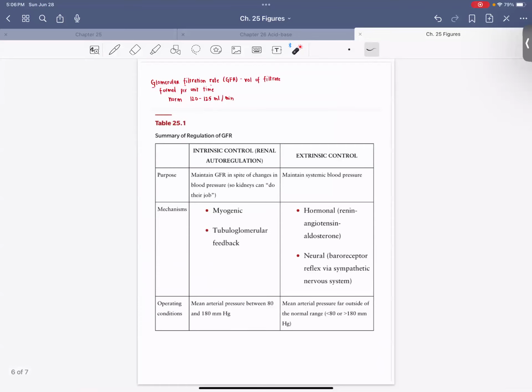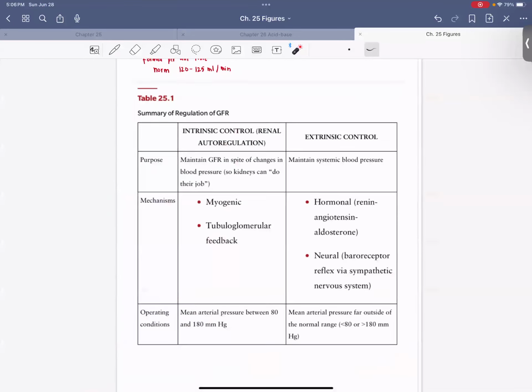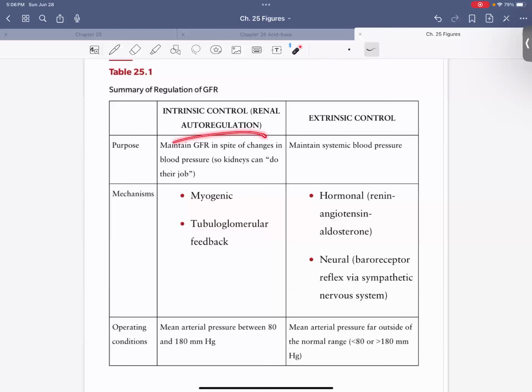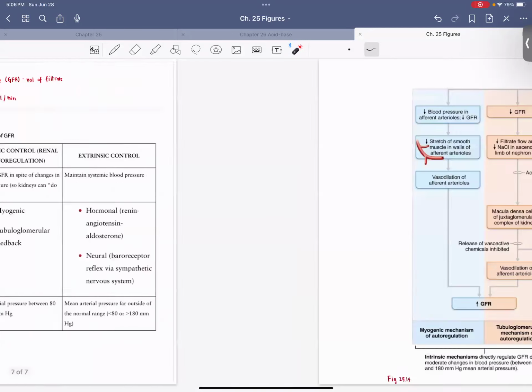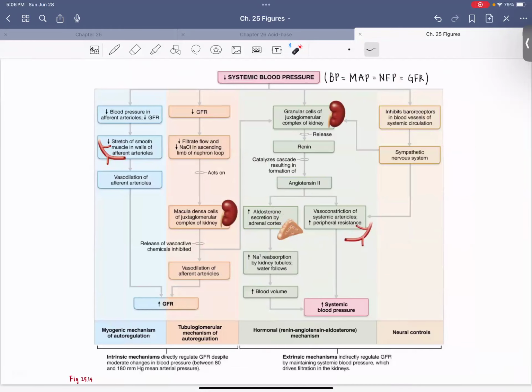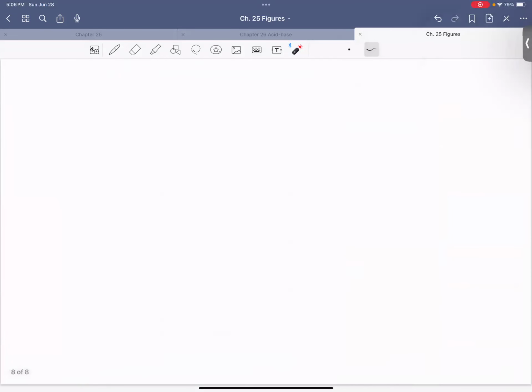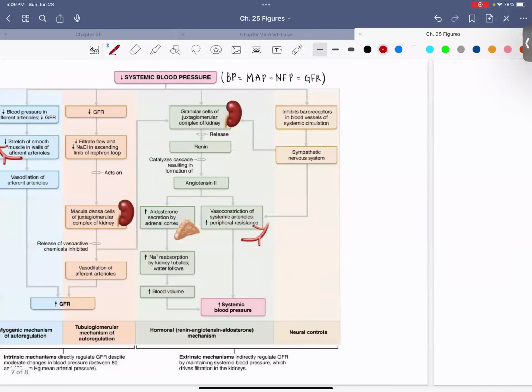And you can see that, looking at this table again, the purpose of these mechanisms is to maintain the glomerular filtration rate. The myogenic mechanism I mentioned monitors the degree of stretch, which is related to the blood flow. Let me back up for just a minute.